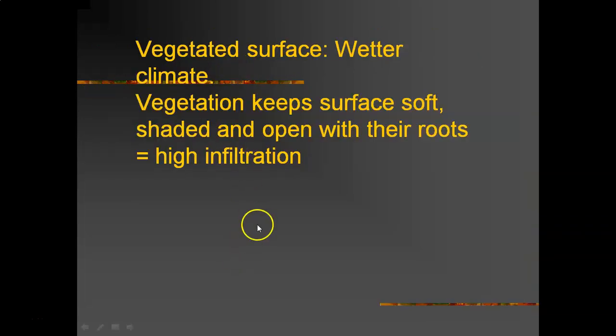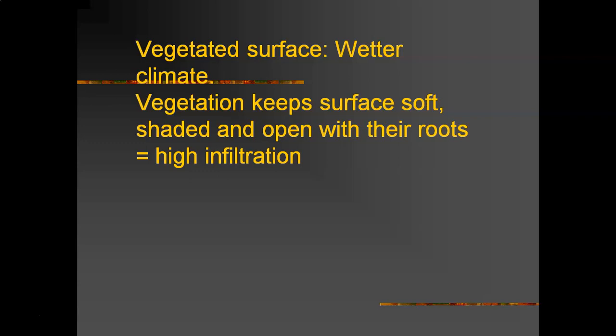I don't have a picture here, but just imagine a wet environment like the eastern United States, where you've got a well-vegetated surface, with grass or even weeds, but trees and bushes and shrubs and things like that. If you've got some sort of vegetation cover, that's going to keep the surface shaded.